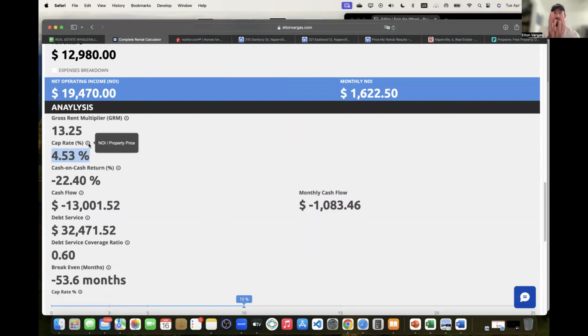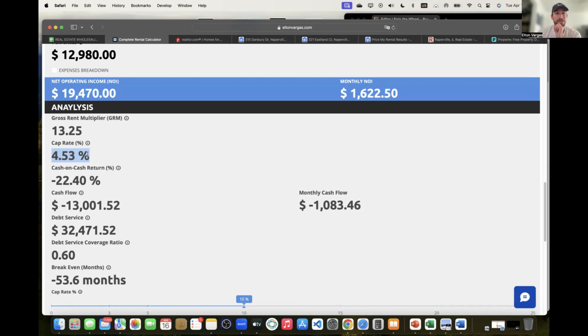It also analyzes the risk of the investment. The lower the cap rate, the higher the price on the property, which is going to be a riskier investment. Because if it's a risky investment, then you're playing the long-term game. But from there, you additionally have to consider what kind of income it's bringing over to you.